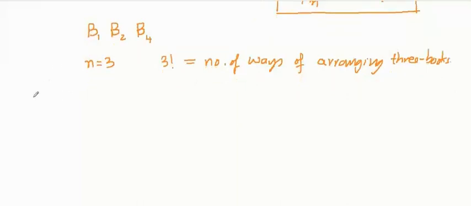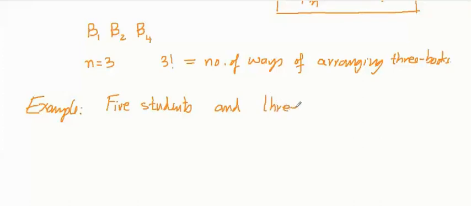The question may also be asked in this way, which I will write here as an example. There are 5 students and there are 3 chairs. Obviously students will be different. Whenever we have living things, they are always distinct. And 3 chairs. Chairs may be identical or the same, it doesn't matter.